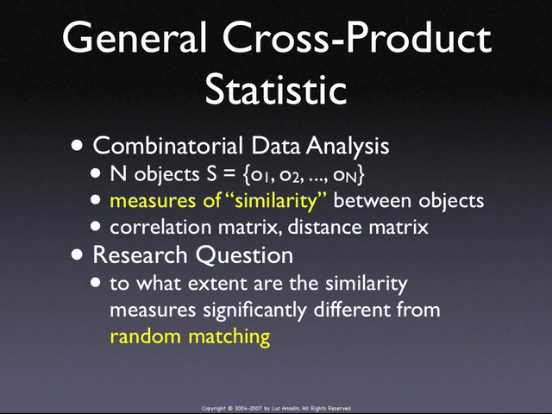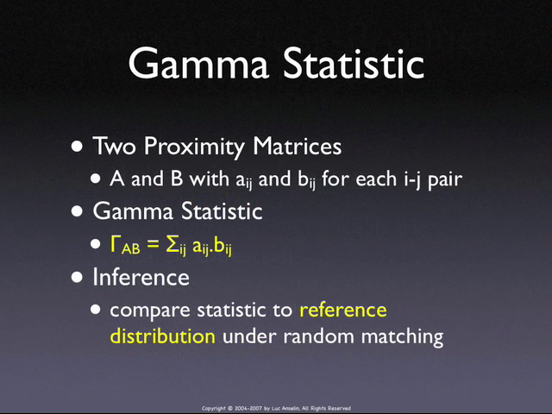So the reference point, which we've always had before, was spatial randomness. Here the reference point is random matching. If there is no systematic patterning going on, then we can randomly match these objects. And this will be the basis, again, for permutation or randomization, shuffling the data around. So how does this actually work? It works by means of two similarity or proximity matrices for each pair of objects.